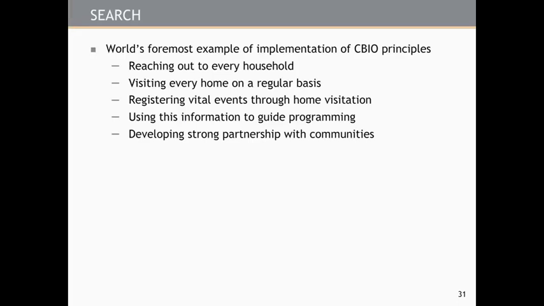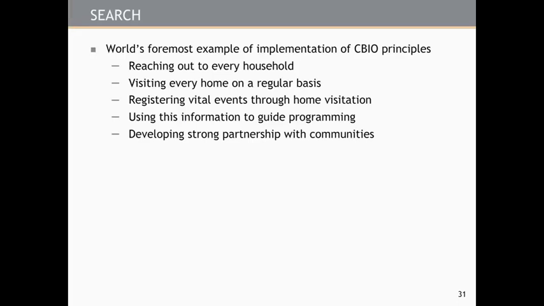So they set about to develop an intervention to reduce neonatal mortality, and their home-based neonatal program has now become a model for the rest of the world and has been replicated and is setting the standard now for global health around the world.